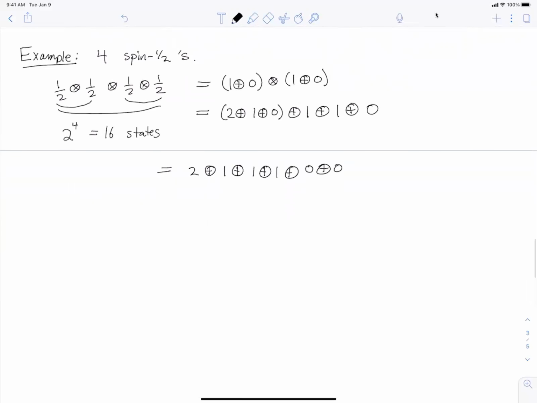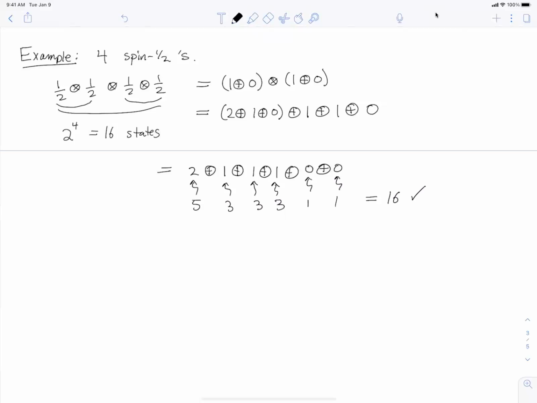Okay, and if we add these up, the number of states in an angular momentum 2 is 2 times 2 plus 1, which is 5. Each one of the angular momentum 1s has 3 states. And there's only one angular momentum 0 state. So I get 5 plus 3 plus 3 plus 3 plus 1 plus 1, which by advanced methods turns out to be 16 again.